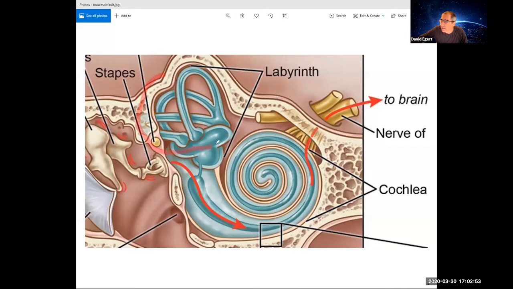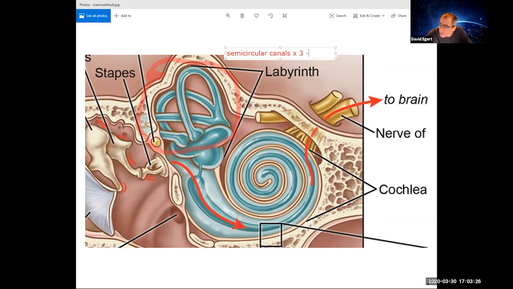This area that looks kind of like Mickey Mouse ears coming up off the top, those are the semicircular canals. There's 3 of them actually.